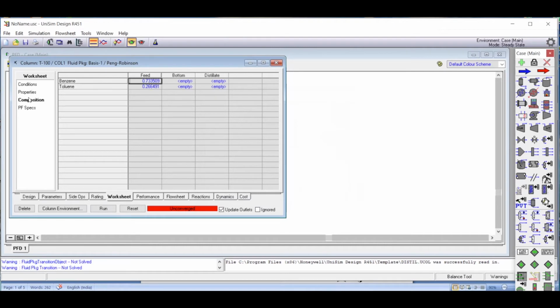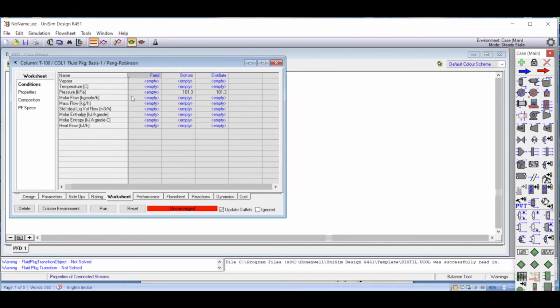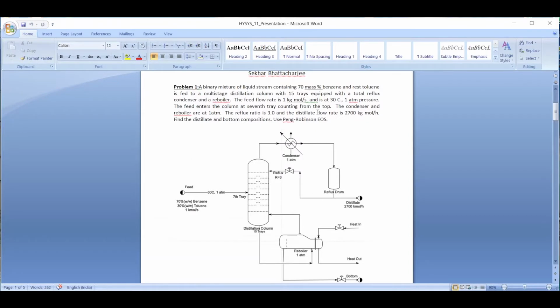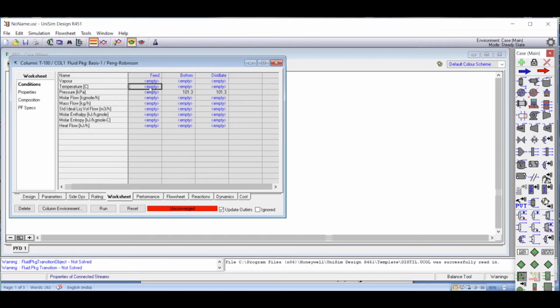Once that is done, we'll define the feed temperature and the pressure. According to this problem, as you can see, the temperature is 30 degrees Celsius and 1 atmosphere pressure. That's the feed condition. So we put 30 degrees Celsius here, and 1 atmosphere pressure here.